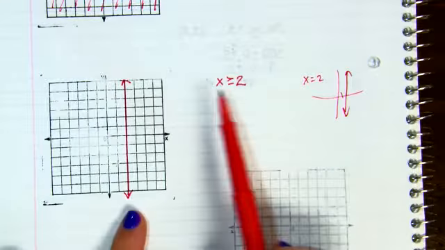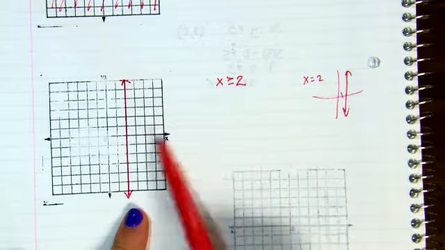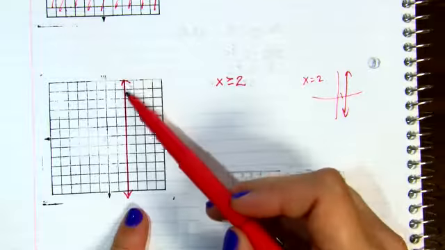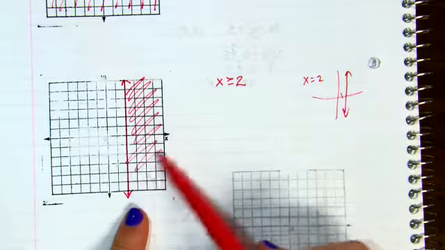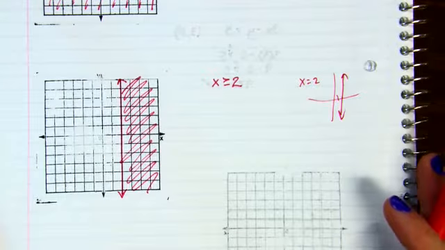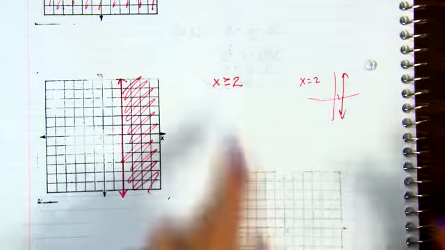And now I need to shade in the side that's greater than 2. Like here, x is 3. 3 is greater than 2, so this is on the shaded side. So this whole region is shaded. Basically, everything on this half of my graph would be shaded, and any point over here would be a solution of that inequality.